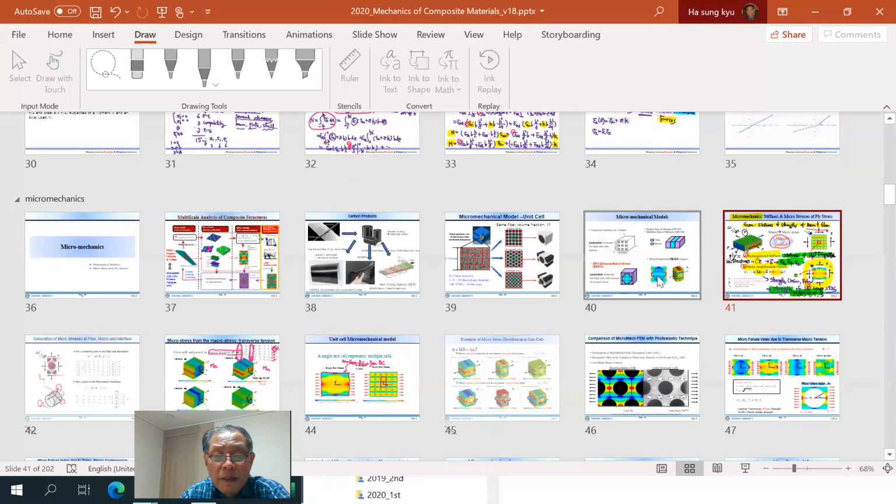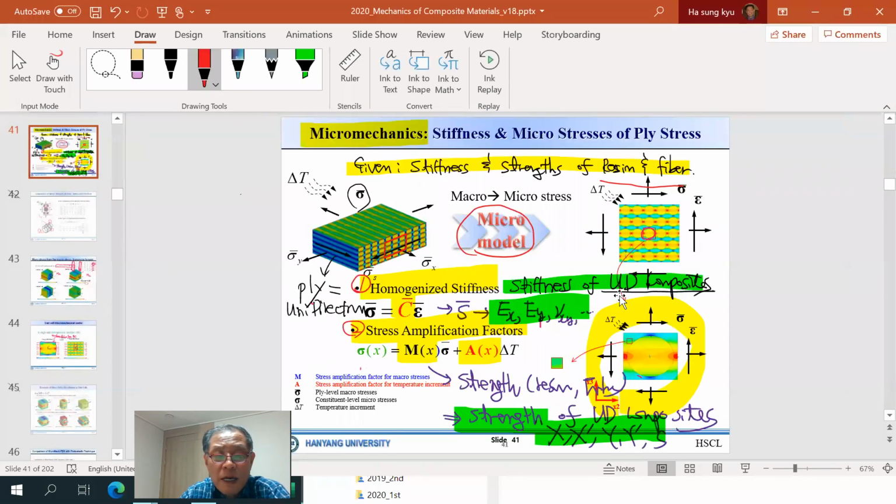And then, what kind of micro model do we have? These are basically micromechanical models. This is the micromechanical model, or unicell, because this unicell represents one of the repeated modules in the macro, basically just one fiber and resin.